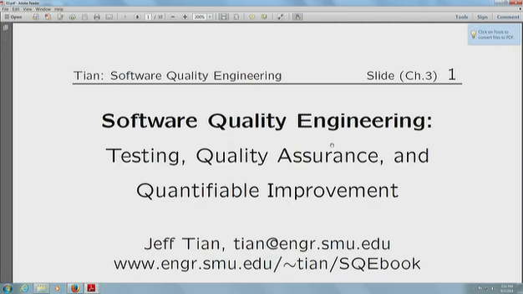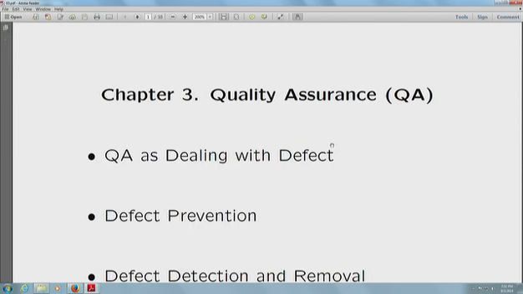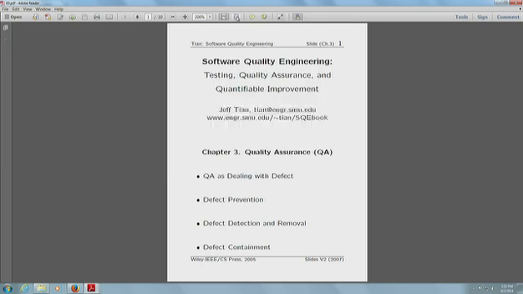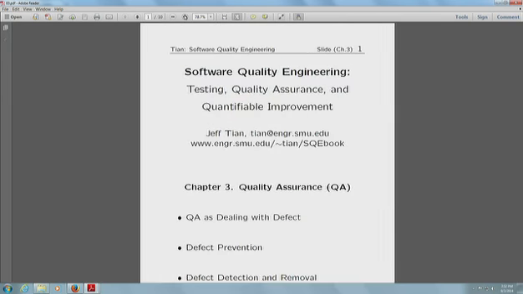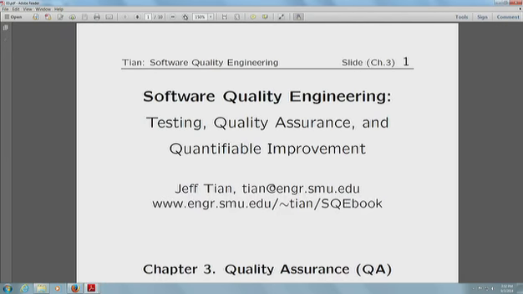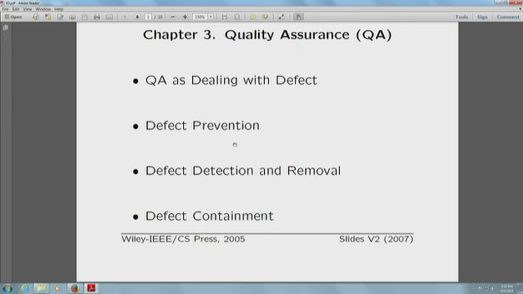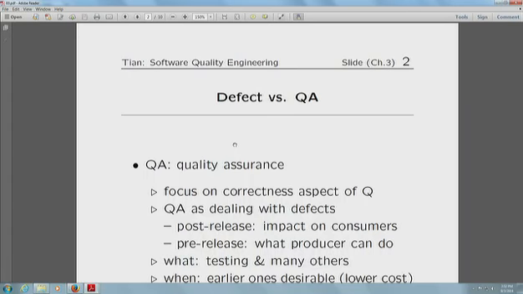Because as I mentioned before, I want to use that as the anchor so we can talk about all the different important quality assurance activities and techniques. So this chapter is about the quality assurance. So the quality assurance. So we now define the quality.